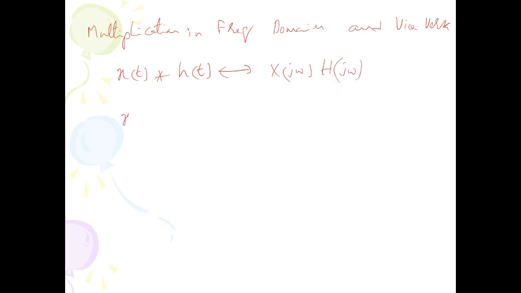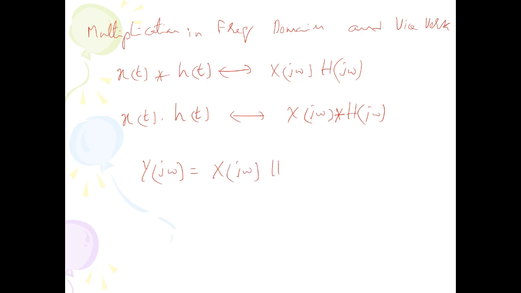Similarly, when we multiply x of t into h of t, we get the convolution of X of j omega and H of j omega in the frequency domain. So the output Y of j omega is equal to X of j omega into H of j omega.